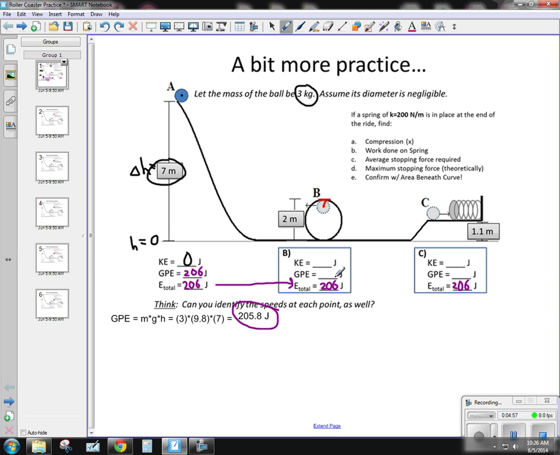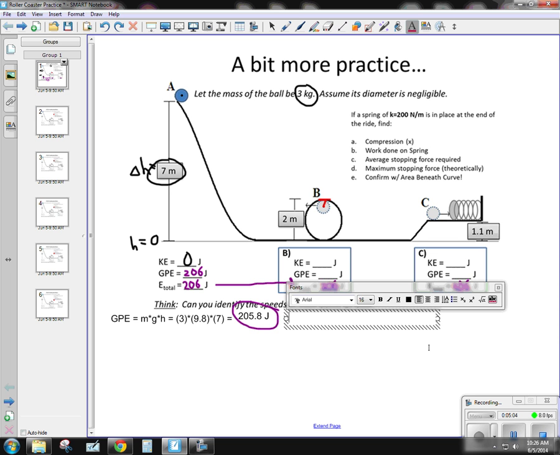What is the gravitational potential energy here? Well, in this case, GPE is, again, mass times gravity times height. It's that height through which it could have fallen, which it could still fall. So it's 3 times 9.8 times now 2.